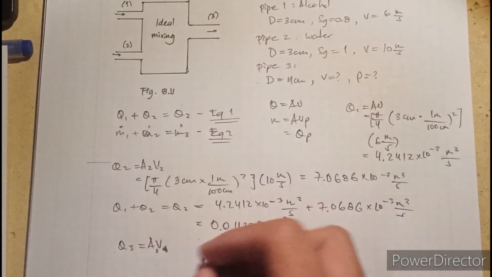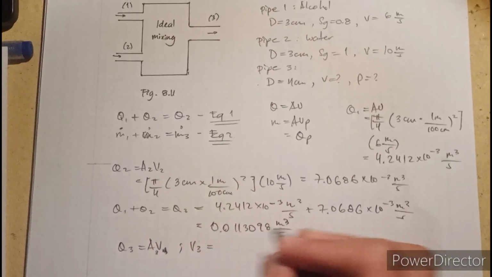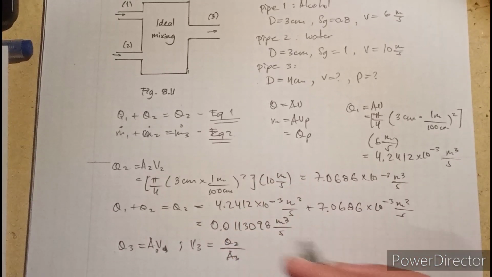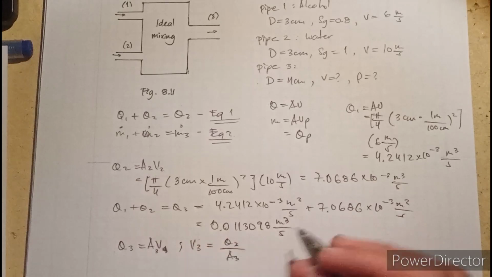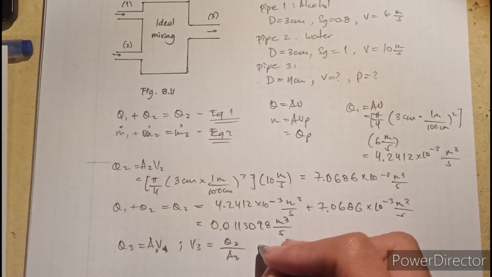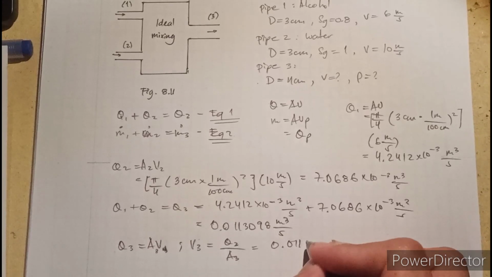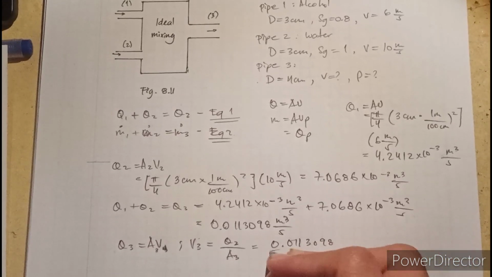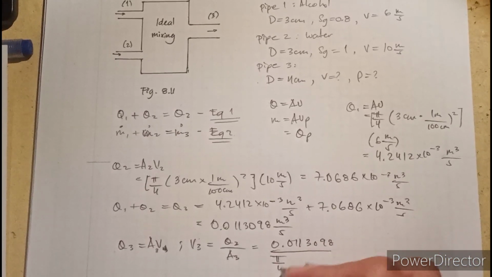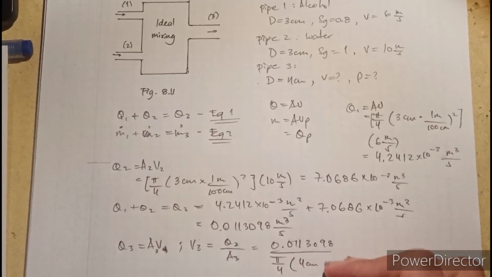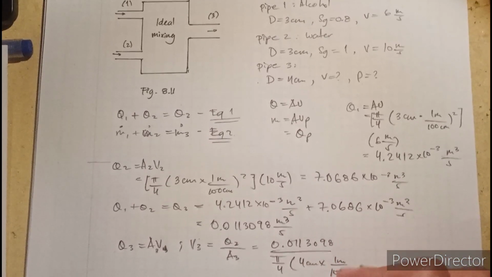Solving for V3, it is equal to Q3 over A3, since we divide both sides by A3 and A3 cancels, leaving us with 0.0113098 over pi over 4 times the diameter of pipe 3, which is 4 centimeters, converted into meters.